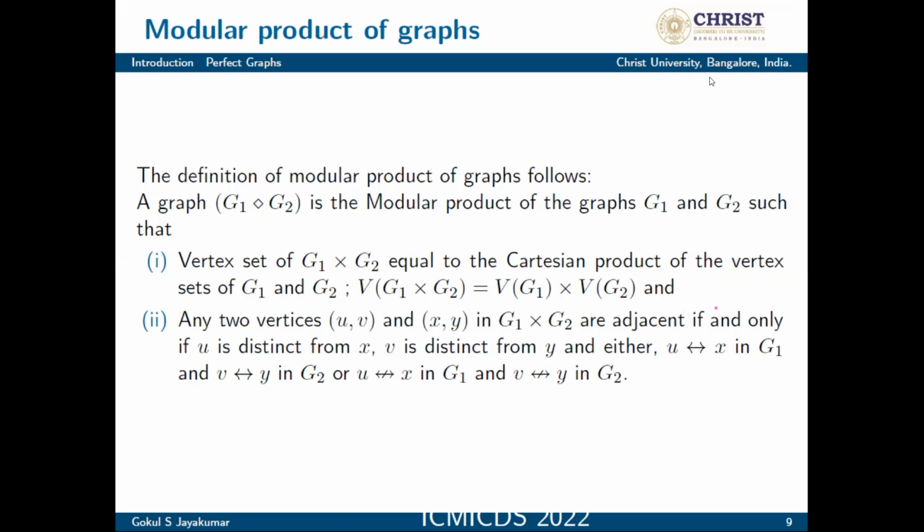Considering any two vertices (u,v) and (x,y) in G1 cross G2, these two vertices are adjacent if and only if u is distinct from x, v is distinct from y, and either u is adjacent to x and v is adjacent to y, or u is not adjacent to x and v is not adjacent to y.